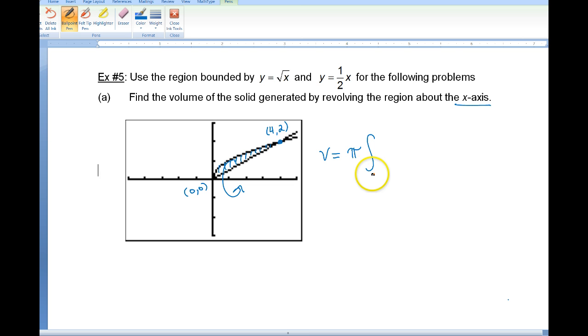Okay, so it's going to go from 0 to 4. And you're right, it's going to be the square root of x squared minus (1/2 x) squared dx. You're okay with that? Because we could see the outer part is going to be the square root.